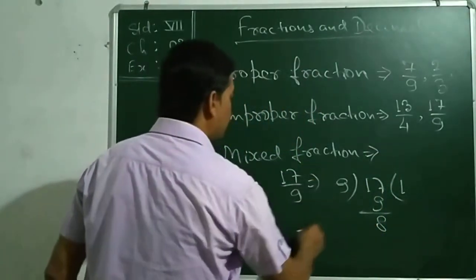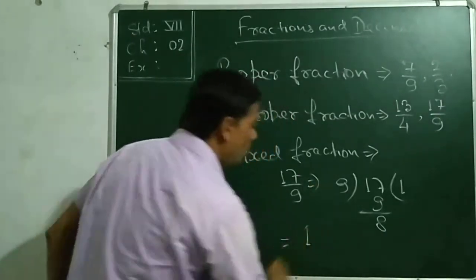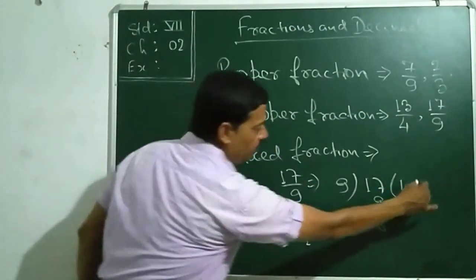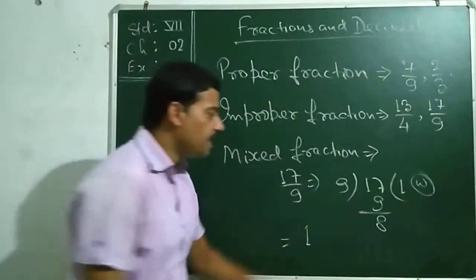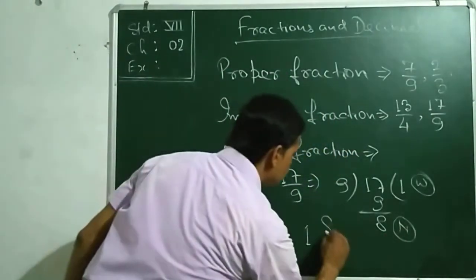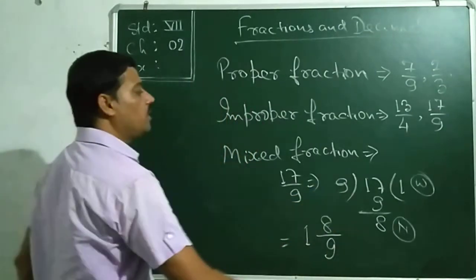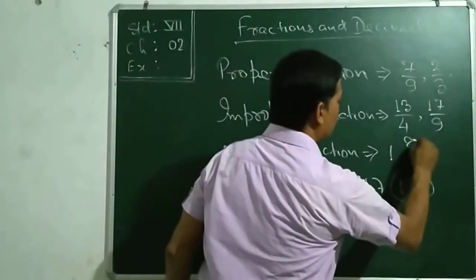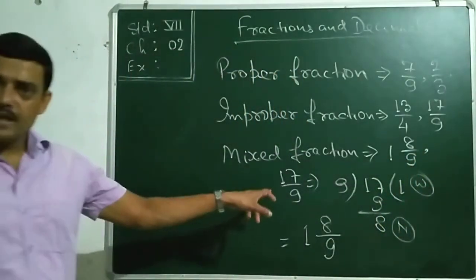So 17 by 9 can be written as one whole, one will be written as the whole number, 8 as the numerator and 9 as the denominator. One whole 8 by 9.